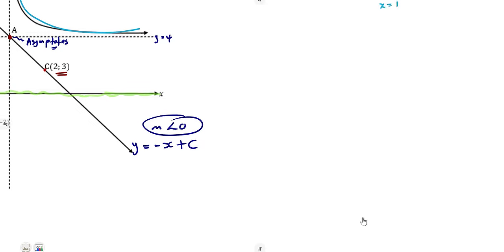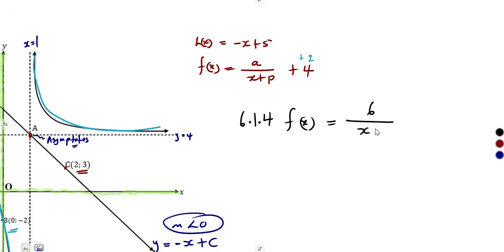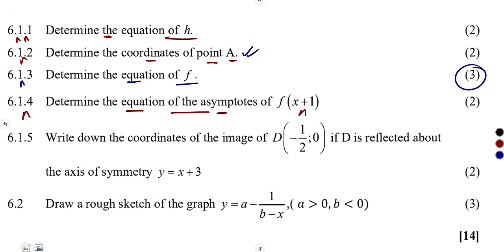If it is a transformation, try to analyze it or work with that transformation that you are given there. Remember, originally our f of x is given as 6 over x minus 1 plus 4. This is our original f of x. Now they are saying it has been transformed. It is now given as f of x plus 1.